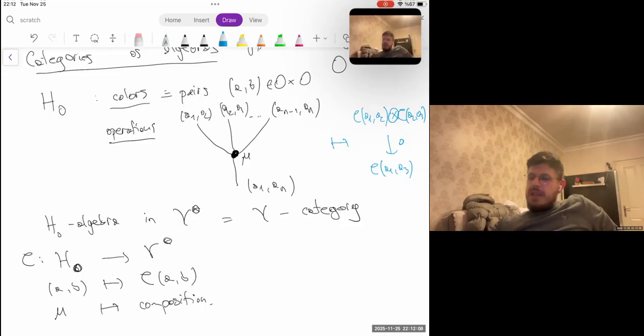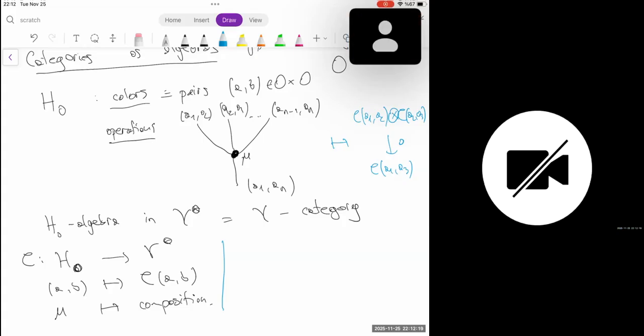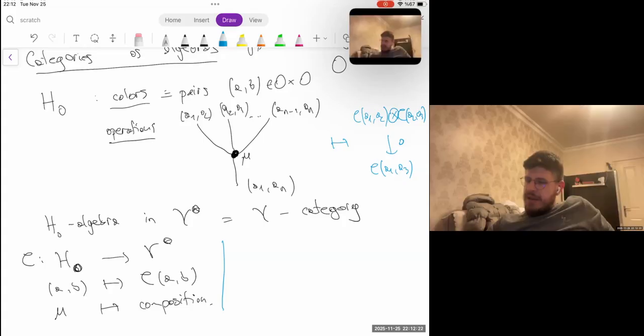This is not written anywhere because it's just my own work; it will appear, I hope, in some paper in the future. But you can take quasi-categories and identify them on the nose with left fibrations over this HO, so quasi-categories with a fixed set of objects. And you can do this very easily with a combinatorial construction.